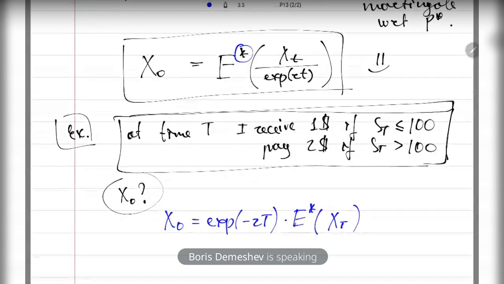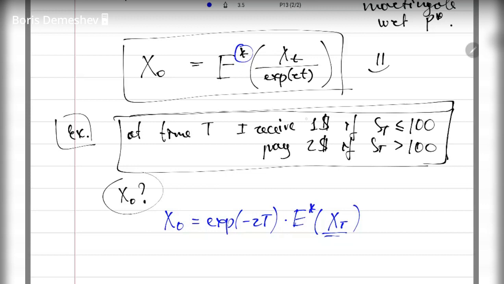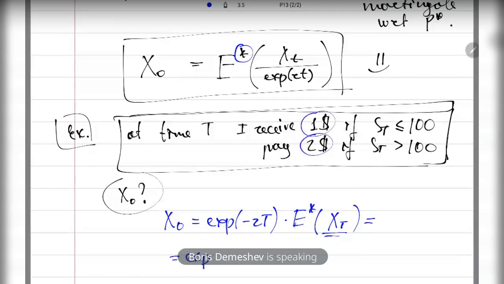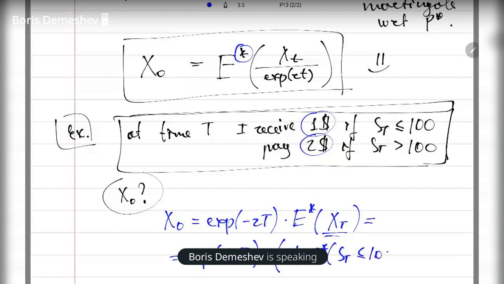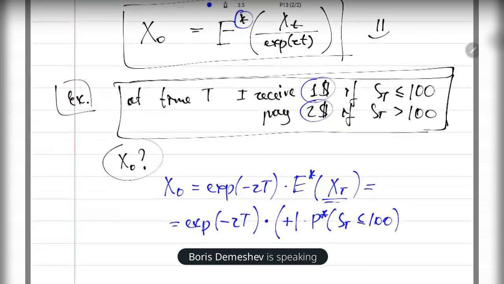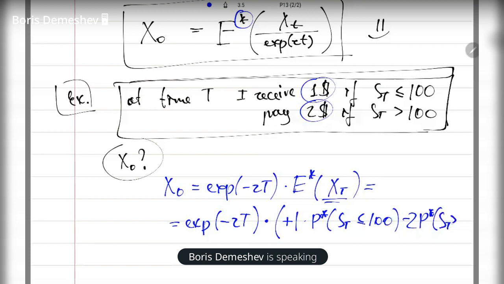But at time moment T, my payoffs are clear. I receive $1 or I pay $2. So it's easy: exponent of minus RT times, I receive $1 with which probability? If ST is less than 100, and I pay $2 if the complement event happens, if ST is bigger than 100. Okay, let's calculate this.